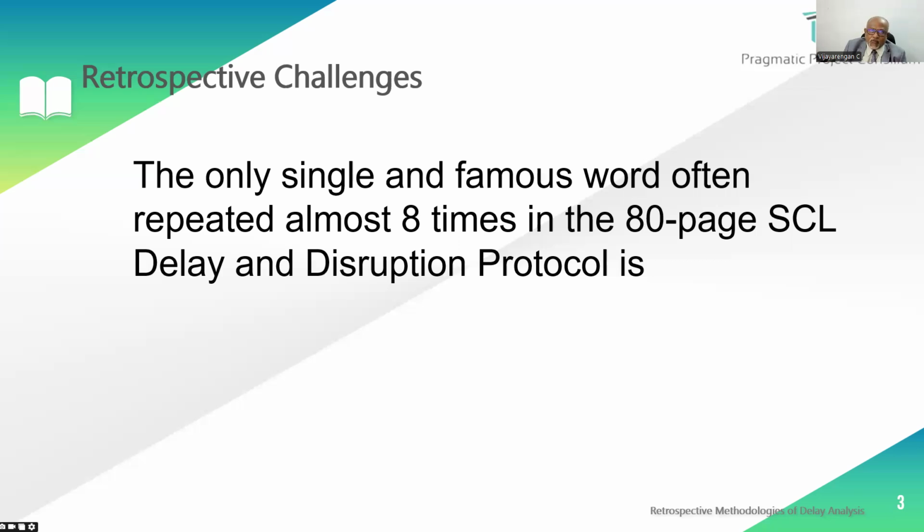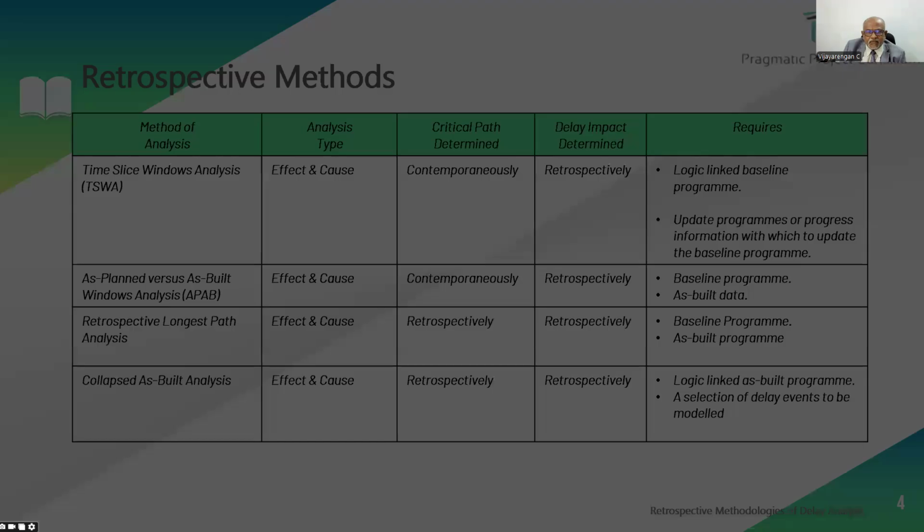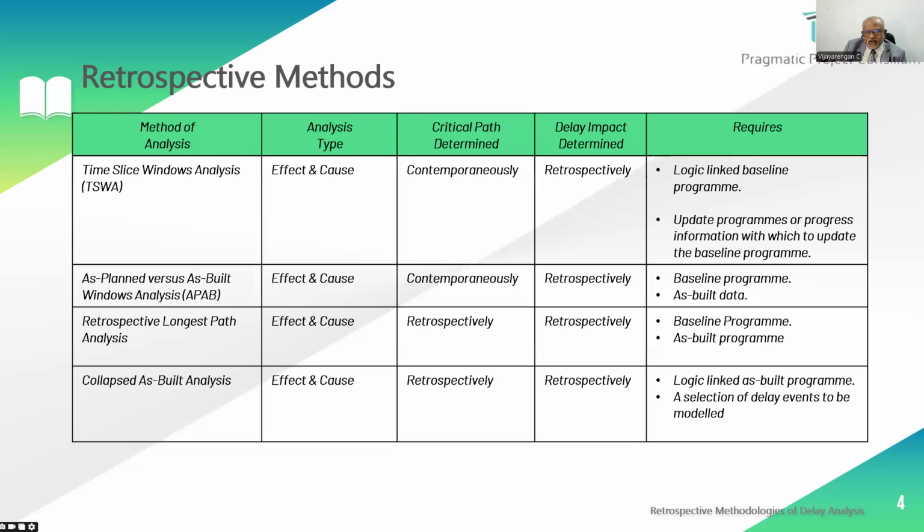Now, when I talk about the various methodologies, the retrospective methodologies are of 4 types. It is completely dependent on the analysis type. So now we are seeing the effect, what has actually happened based on the scope and the actions. The result of the actions, we are seeing from the end.